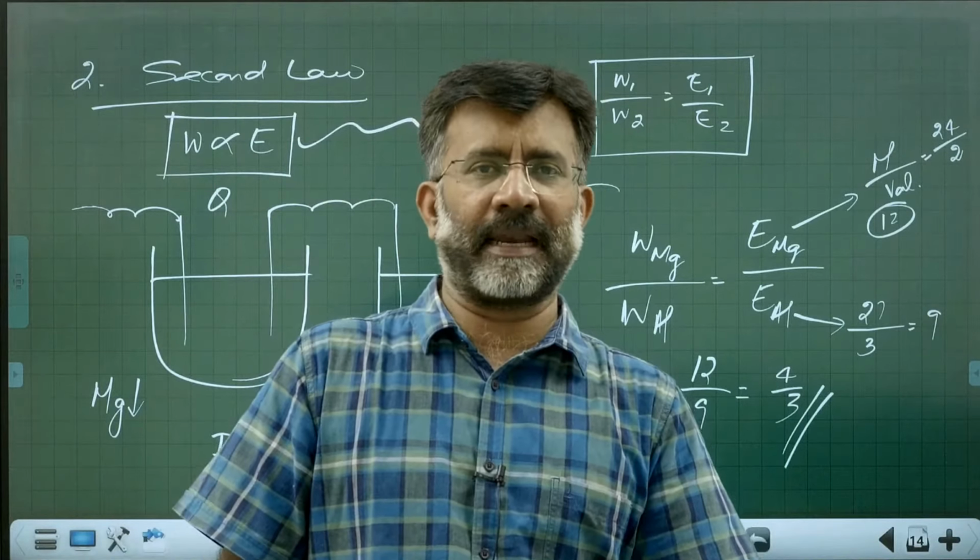Both electrodes are made of graphite, porous carbon electrodes, and the electrolyte used is concentrated aqueous sodium hydroxide solution. Here we have the central compartment, where the concentrated aqueous NaOH electrolyte is available.